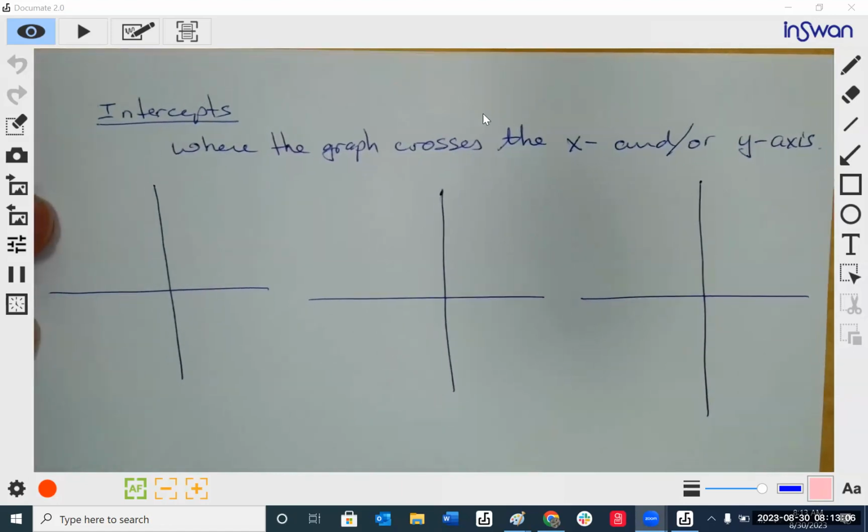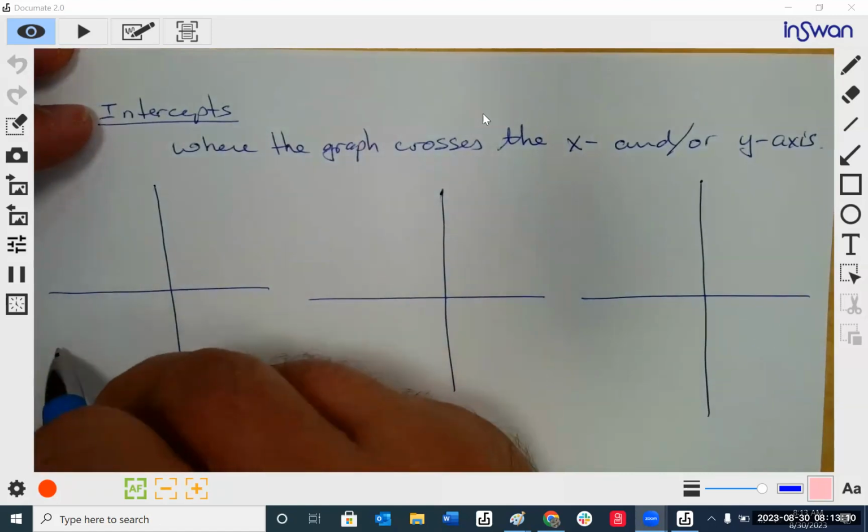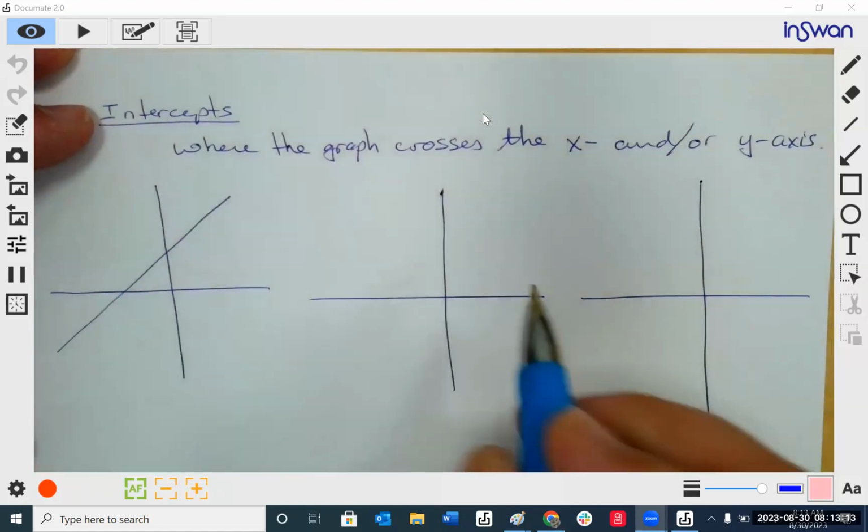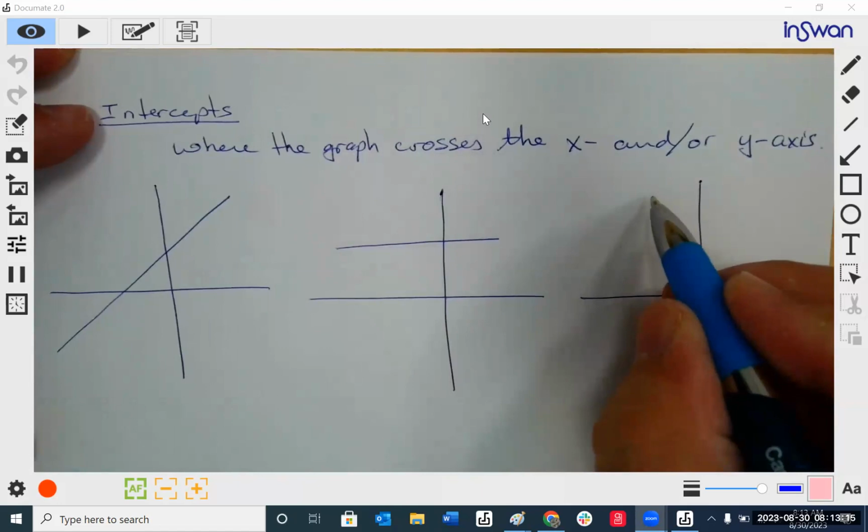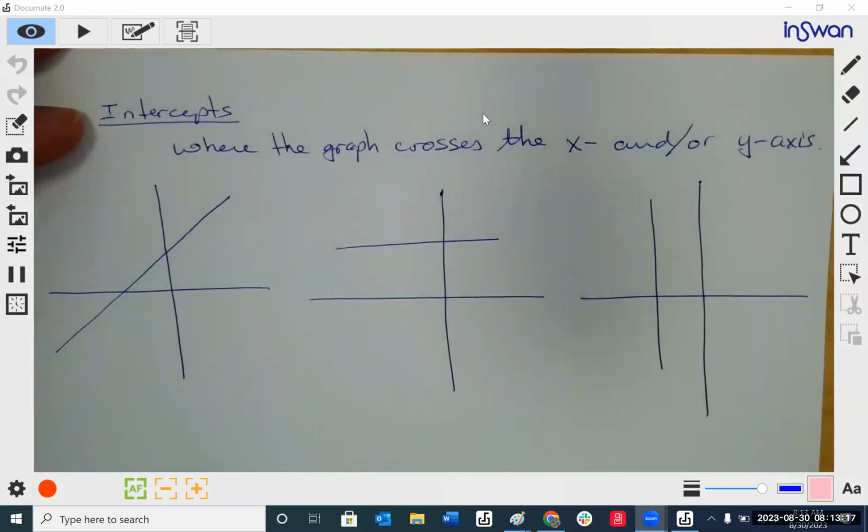Because there are 3 possibilities here when it comes to lines. Those are the 3 possibilities of your graphs.